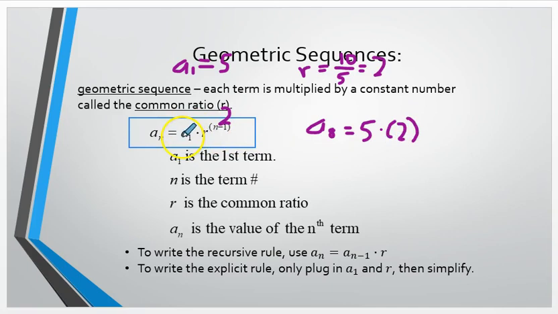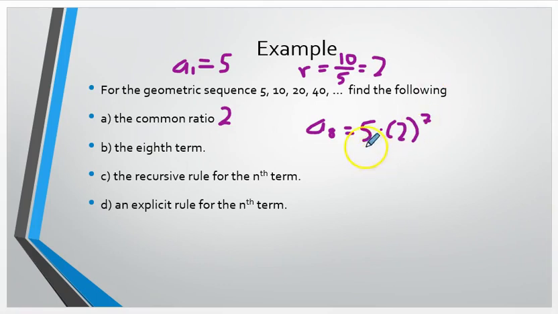So I'm plugging in a sub 1 is 5, r is 2, and then since we're finding the 8th term, that means n is 8, and since I'm subtracting 1, this will be to the 7th power. So this is just a statement that you want to plug into your calculator, following your order of operations. So 2 raised to the 7th power times 5 gives me an answer of 640.